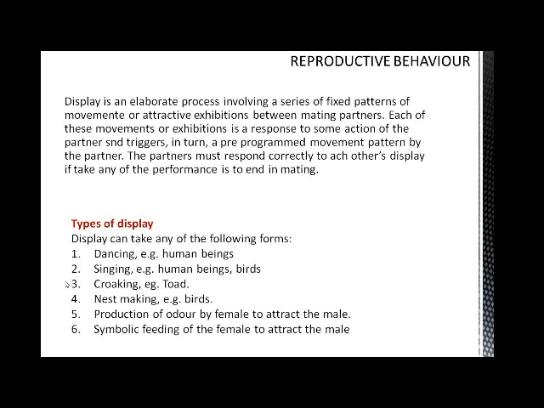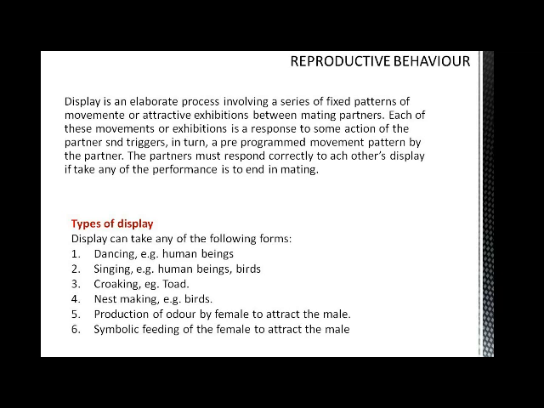Today, let's start with the meaning of display. What is display? Display is an elaborate process involving a series of fixed patterns of movement or attractive exhibitions between mating partners.